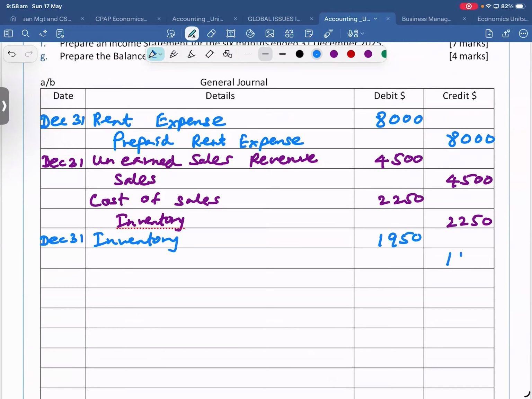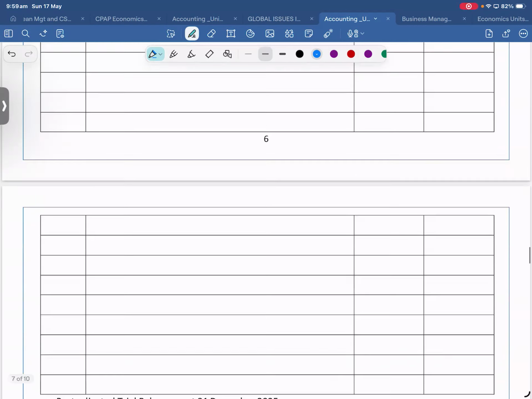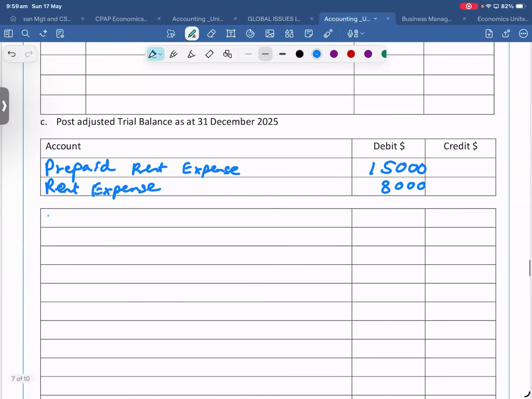Okay. Shall we do the inventory gain straight away in the post adjusted? Debit or credit? Yeah, because inventory gain is an asset. Others agree?